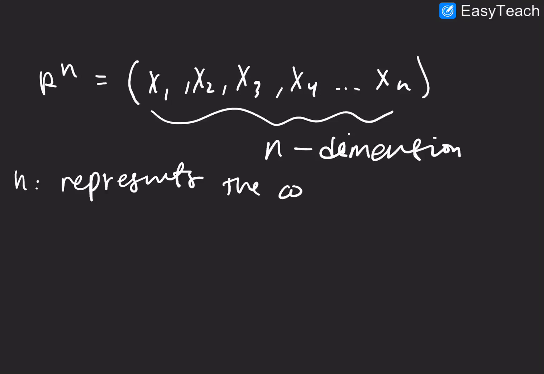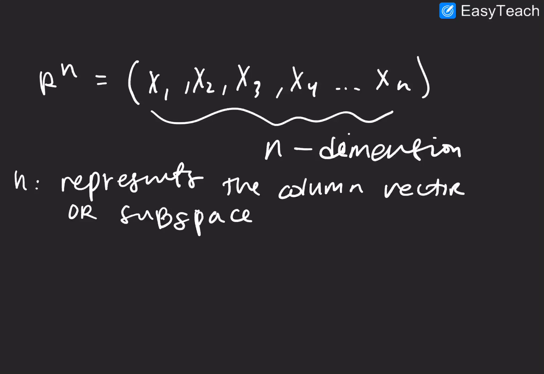It represents the column vector or subspace of column n. Let me give you an example.